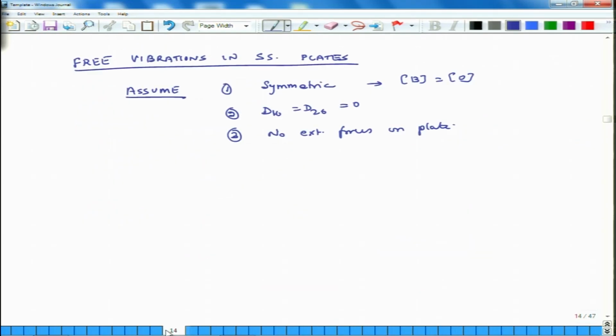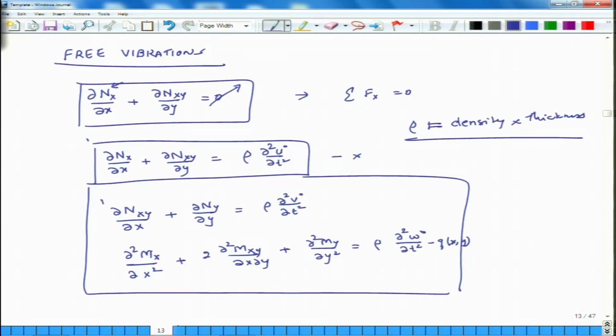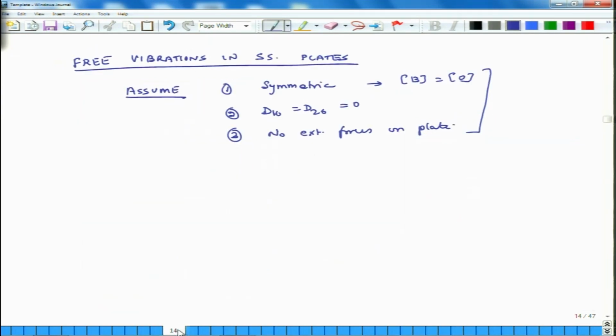Going back, we do not have any external forces on the plate. That means that if the plate vibrates, it will vibrate naturally. It is not vibrating because of some external agent, but in a natural state. These equations also do not include the effect of damping, because if damping was there, we would also have to account for damping forces in the system.